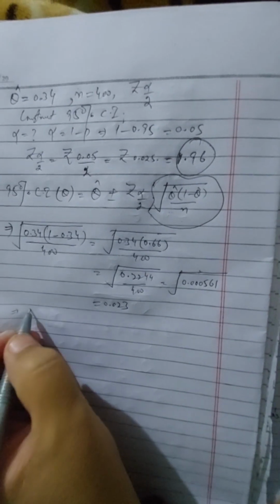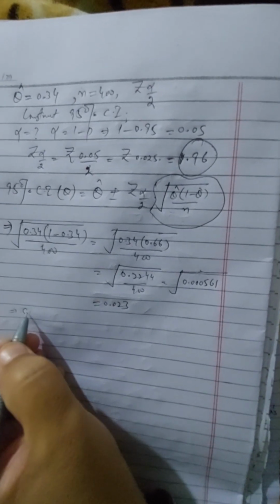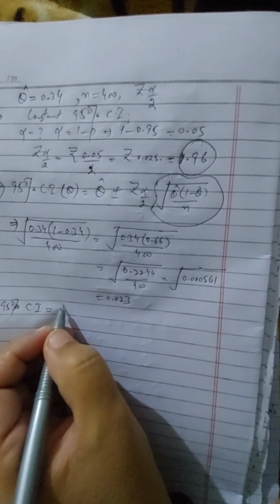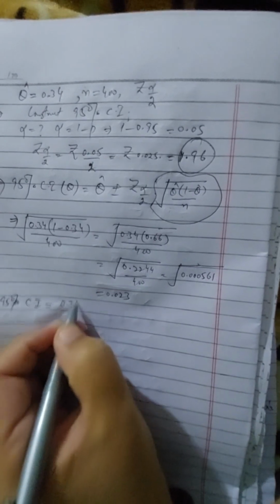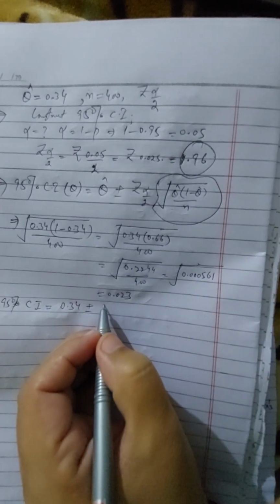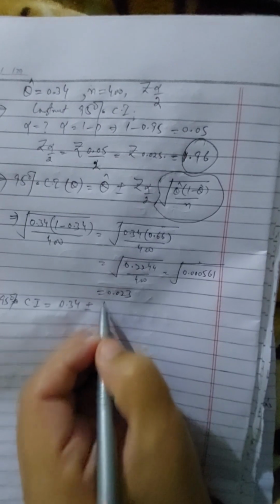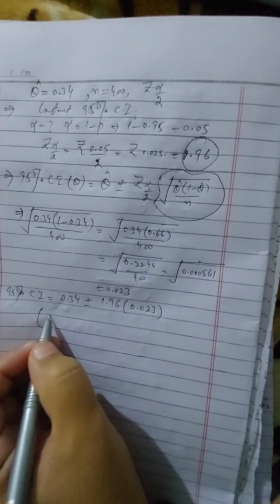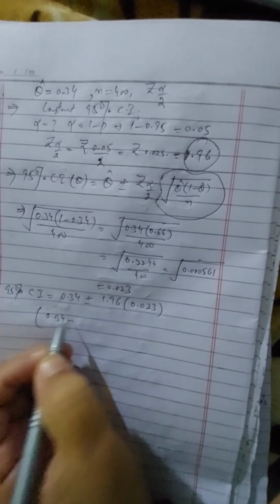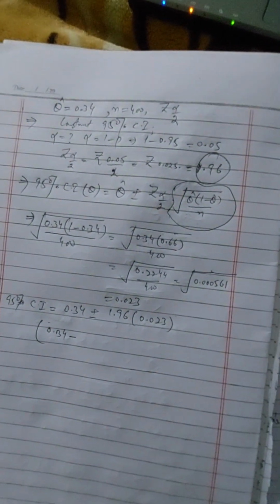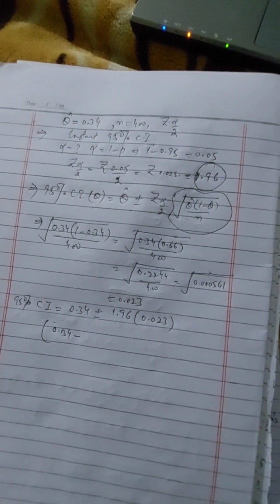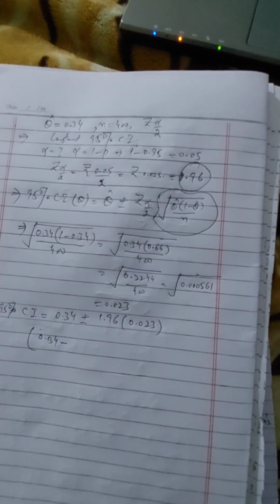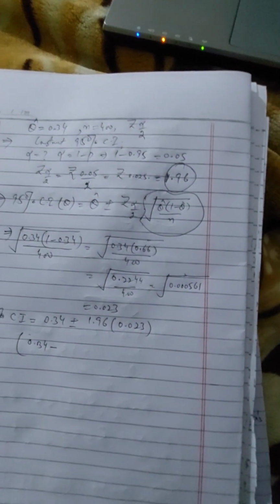Now putting in the values, the 95% CI is equal to theta bar, which is 0.34, plus minus z alpha by 2, which is actually 1.96, into 0.023. So let's multiply that value: 0.023 multiplied by 1.96, we get 0.046.